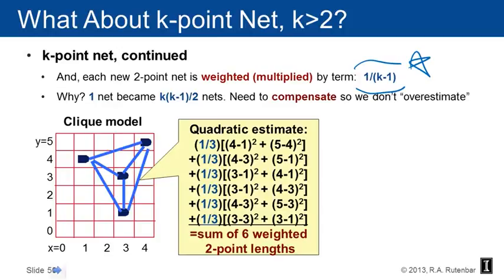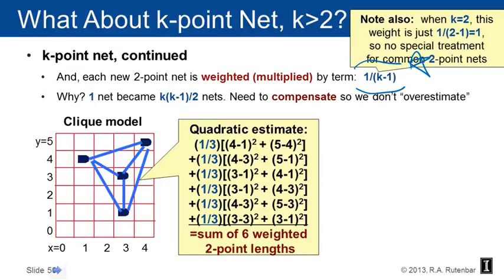So this is 1/3 times 4 minus 1 squared plus 5 minus 4 squared, plus 1/3 times 4 minus 3 squared plus 5 minus 1 squared, 1/3 3 minus 1 squared plus 4 minus 1 squared, 1/3 3 minus 1 squared plus 4 minus 3 squared, 1/3 4 minus 3 squared plus 5 minus 3 squared, 1/3 3 minus 3 squared plus 3 minus 1 squared. 6 2-point quadratic wire lengths, each multiplied by this weighting that sort of reduces their estimated length.